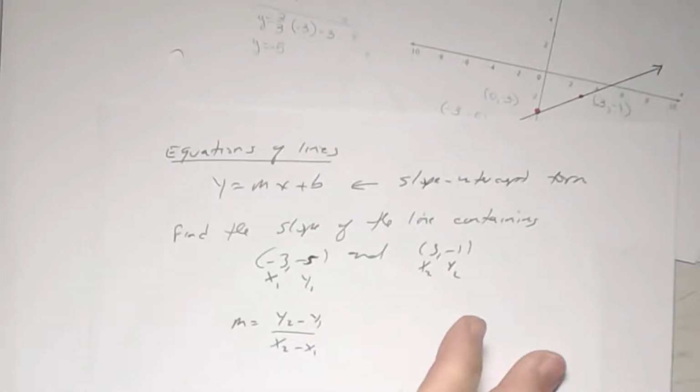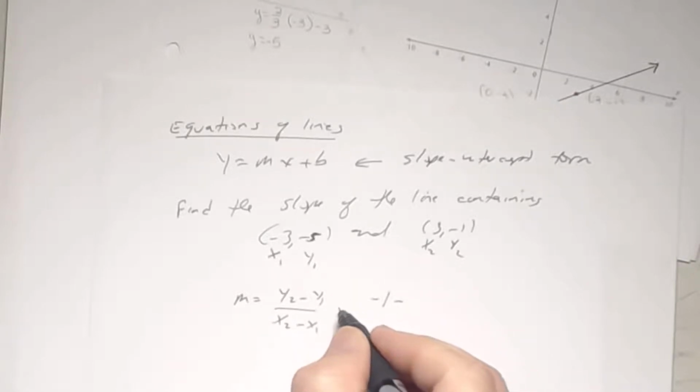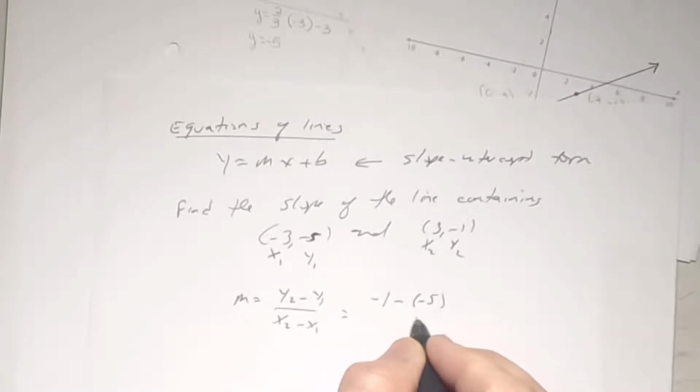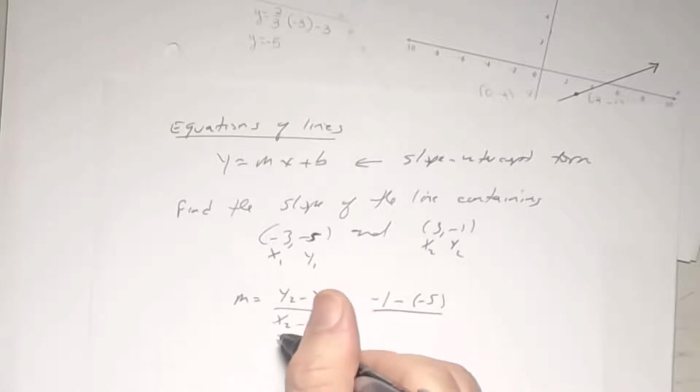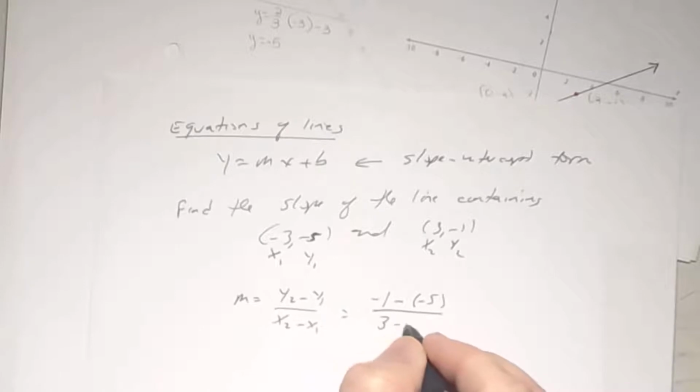All right, what's y2? -1. Subtract y1, which is -5, and put -5 in parentheses, divided by, since I started with y2, I have to start with what? x2, and what's x2 here? 3. Subtract x1, which is -3. If you don't remember how to deal with signed numbers, use your calculator.